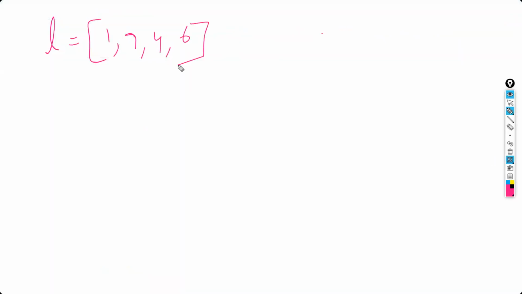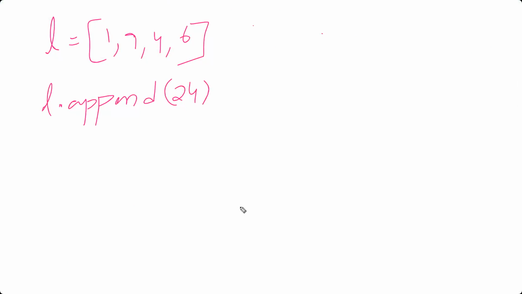Okay. L is equal to, you are having like this. Now L dot append of 24. Now what happens? It is adding the 24 at the end.